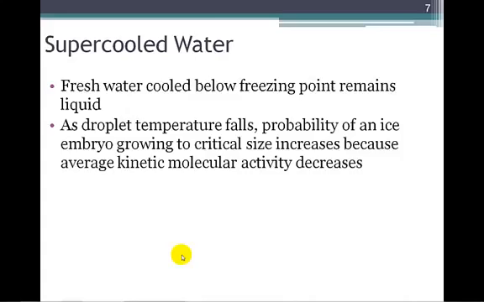So some kind of stirring, or in the atmosphere, the wind has to be blowing, or there's got to be some updrafts or something going on to really help promote that freezing process. So if there's nothing happening to promote that process, it's possible for water to drop down below 0 degrees Celsius and still remain liquid.